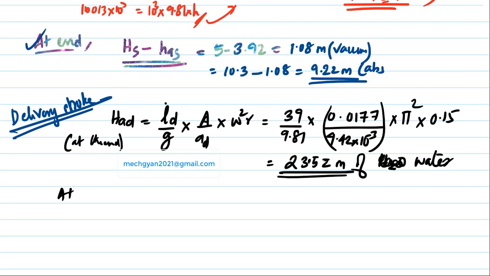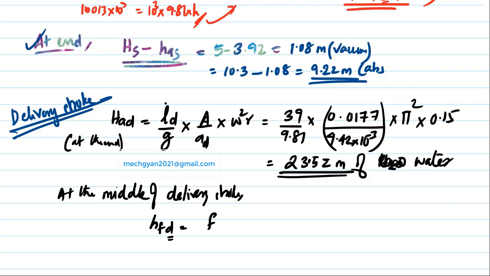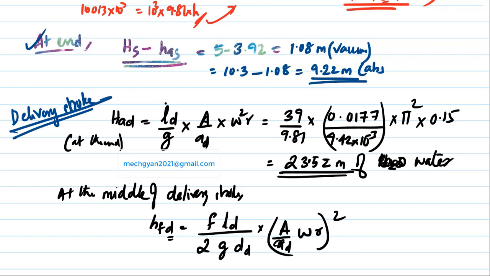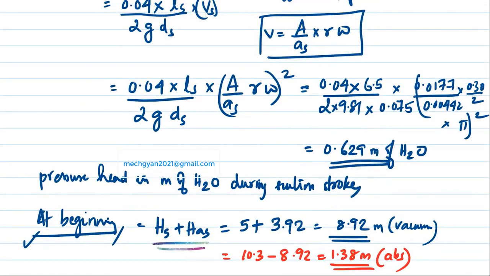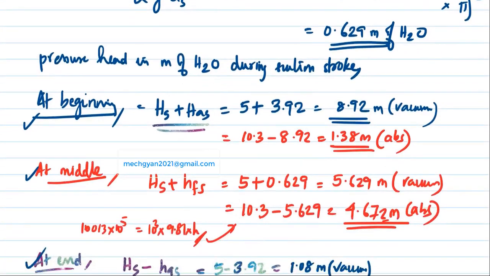So at the middle of delivery stroke, HFD, earlier it was HFS, D for delivery stroke, FL by D, FL V square by 2gD, V means A by AD omega r the whole square. The same formula used here. So here L and S changed, suction pipe changed to delivery, and the diameter also changed to delivery, that's all.